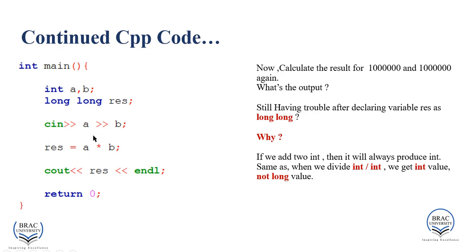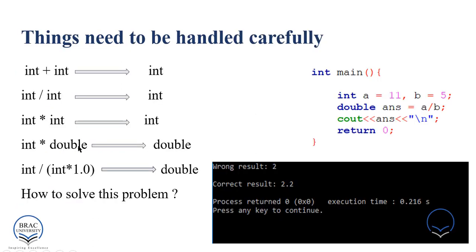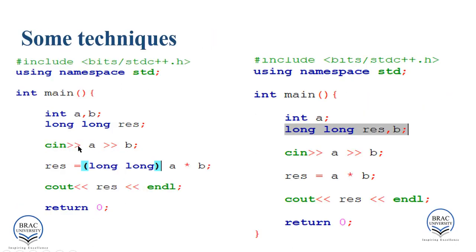As you are multiplying two integers, it will give you an integer result which will then be stored in a long value. So what can we do? We can just use casting. Instead of writing a into b, I will cast a to long, so that when a and b are multiplied, it gives you a long result that you can store in result. So it will give you the perfect answer.